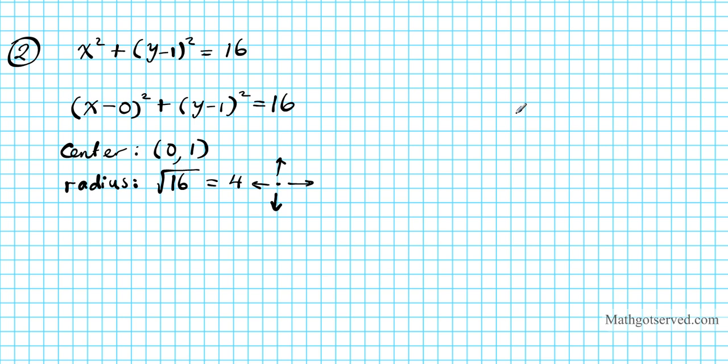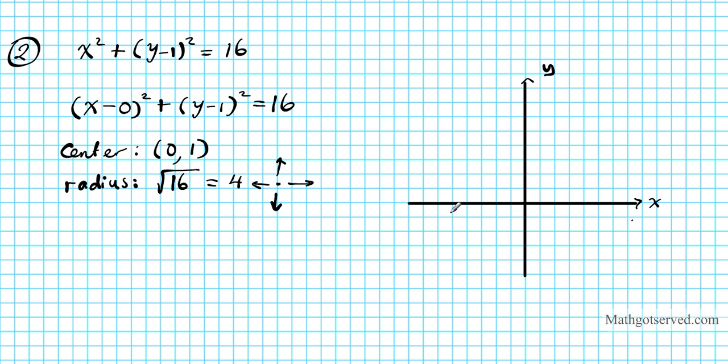So let's create our y-axis. We're in between the first and the second quadrant. All right, so there goes our coordinate system. This is your y-axis, and this is your x-axis.